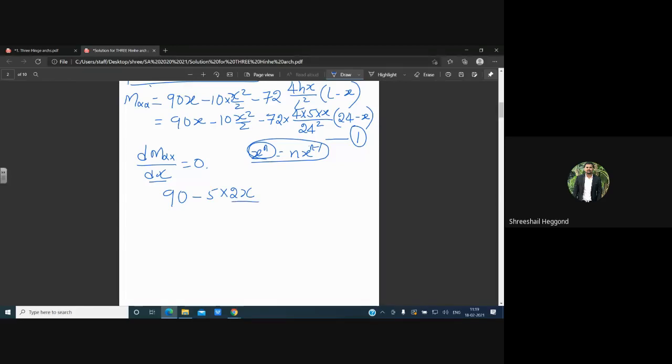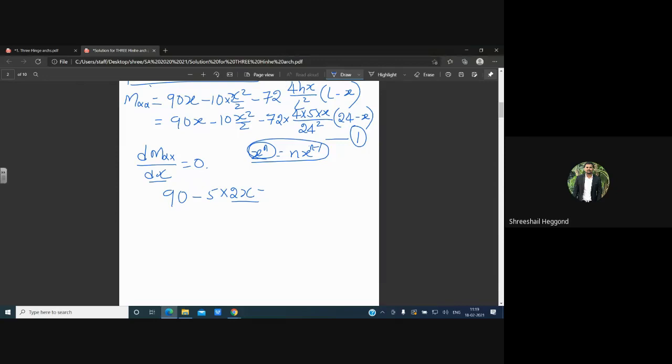Directly you can write the value. That can be written as 72 into 4 into 5 divided by 24 square. That is 2.5. The remaining is of x.